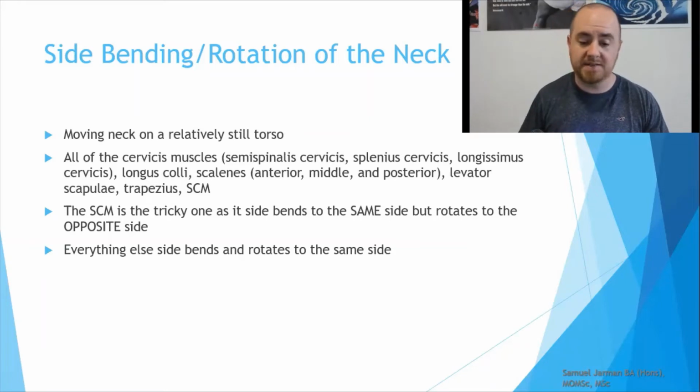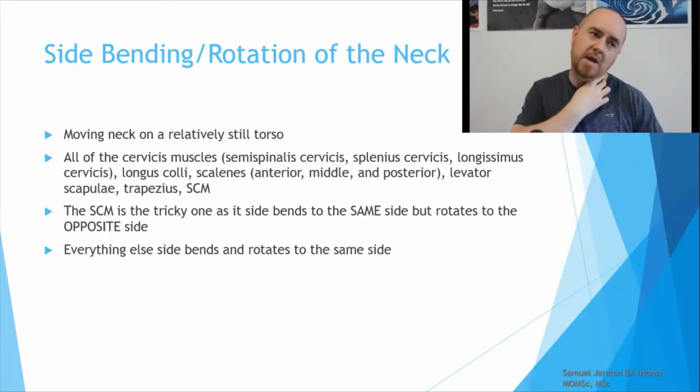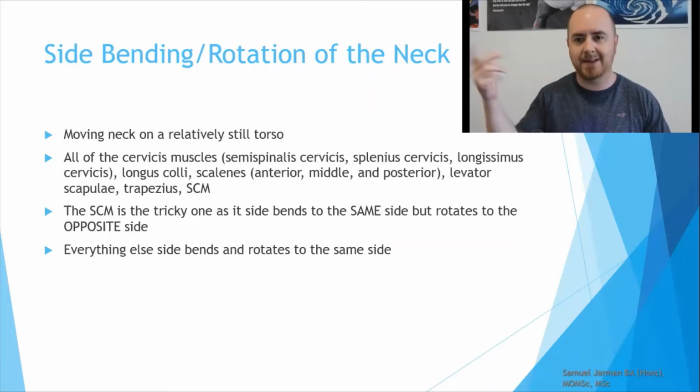The scalenes, anterior, middle, and posterior, levator scapula, trapezius, and SCM for movement of the neck on a relatively still torso. But the SCM, as we already noted, is the tricky one because it does side bend to the same side. So the left SCM will side bend to the left, but it will rotate to the right. So you can get that mixed motion. So it is the one tricky one. Everything else side bends and rotates to its own side.